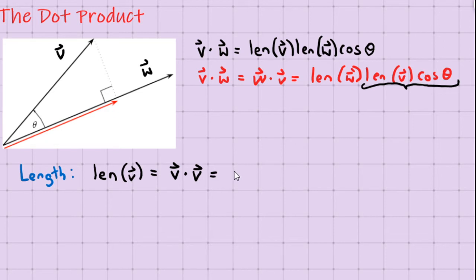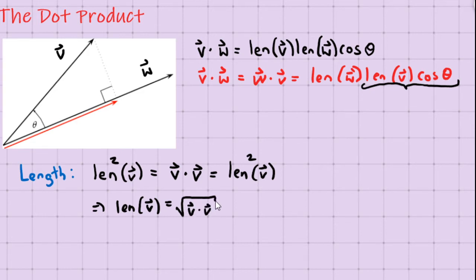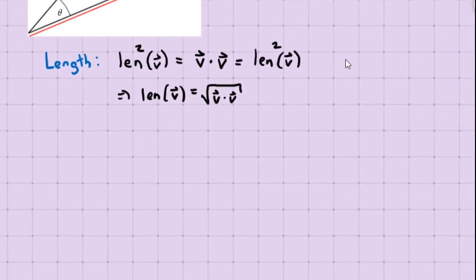If you dot v with itself, you get length of v squared times the cosine of the angle between it, which is 1, so that's length of v squared. So actually this is the length of v squared. Okay, so that means that the length of v is equal to the square root of v dotted with v.